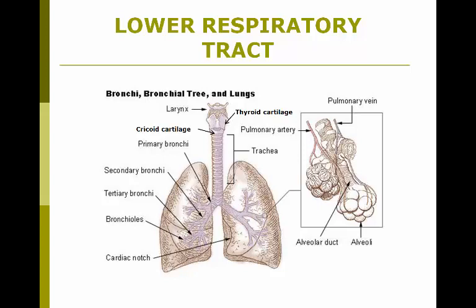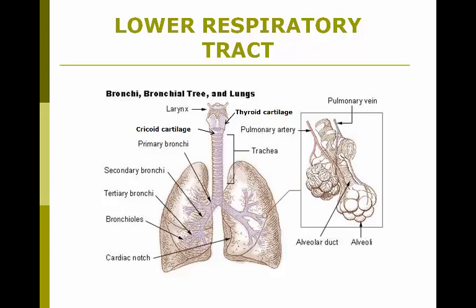Now you have an inset that is taken from the lung and magnified greatly, and that's what we're looking at in the box. That box shows alveoli, which are the little air sacs. Alveoli is the plural for alveolus, which is an air sac.